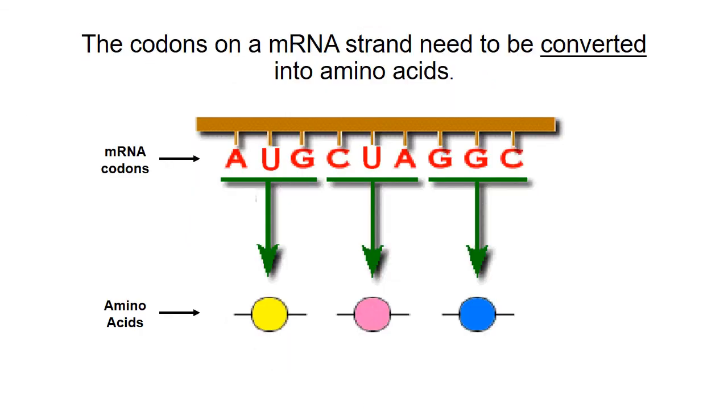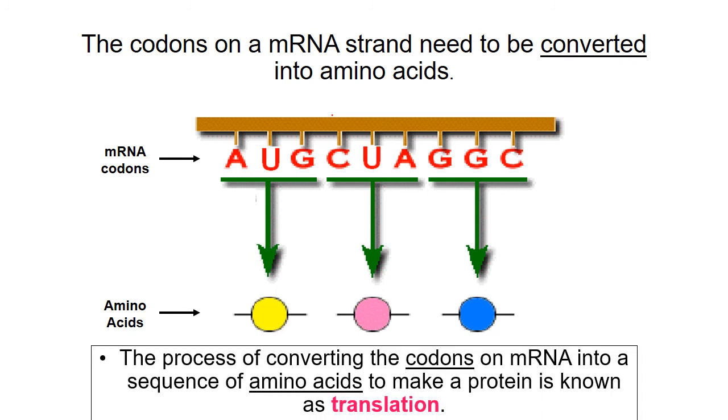So the codons on an mRNA strand need to be converted. They have to be read, and then they're going to be converted into amino acids in a fairly simple process. Remember, it requires not just the mRNA strand, but also the ribosome. And these right here are depicting an image of the tRNA. Remember, your tRNA has the amino acid on the end.